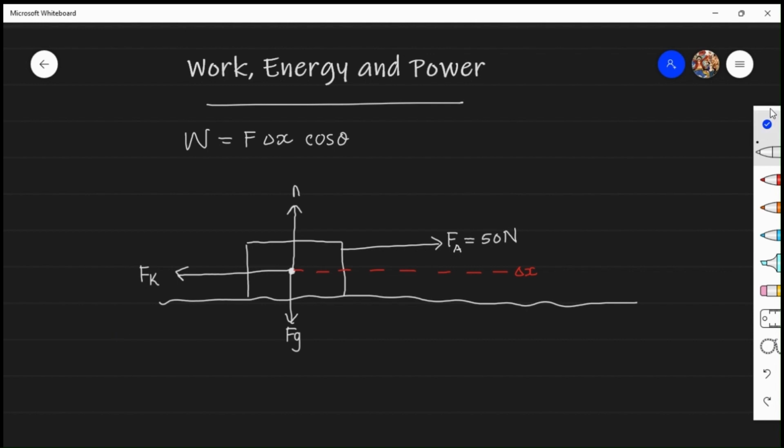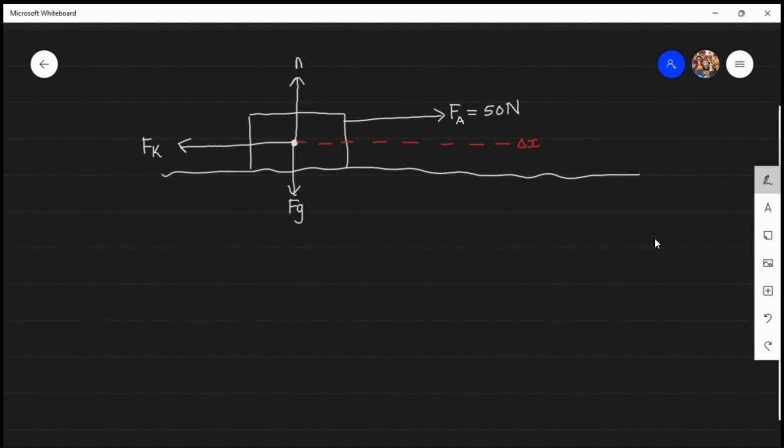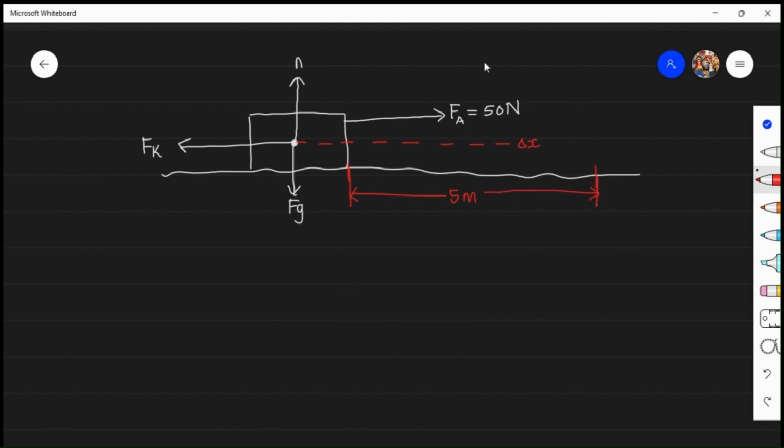So let's start. Let's say this object has a displacement of 5 meters, and let's say there is a mass of 10 kgs.